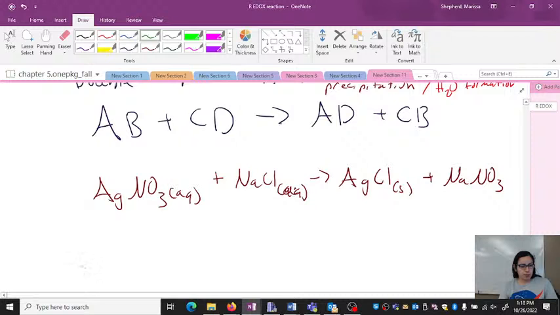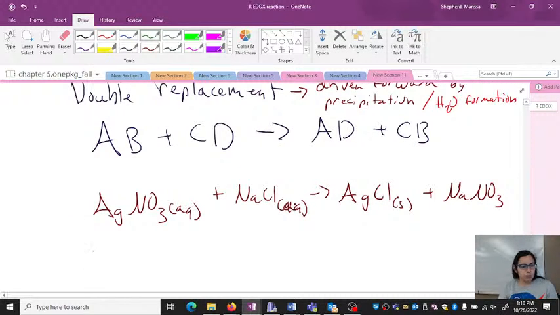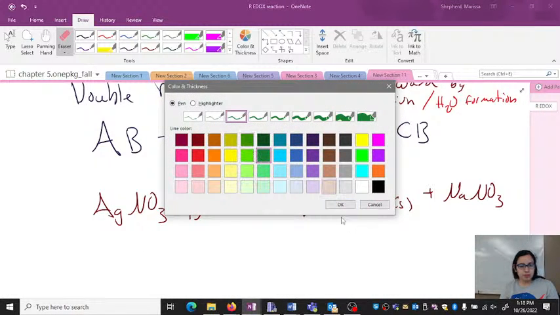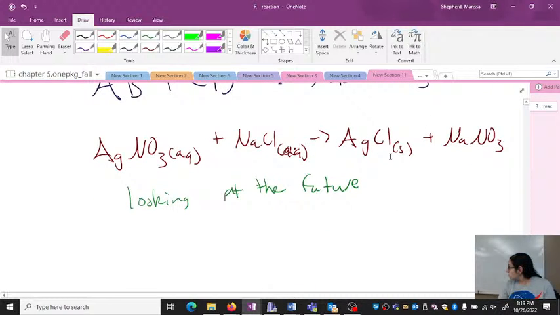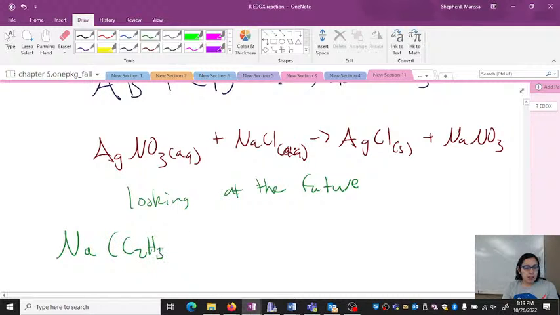And so, as an example, and again this is a glimpse into the future, looking at the future. Why I'm emphasizing the precipitate is, let's say you had this reaction, sodium acetate plus silver nitrate.